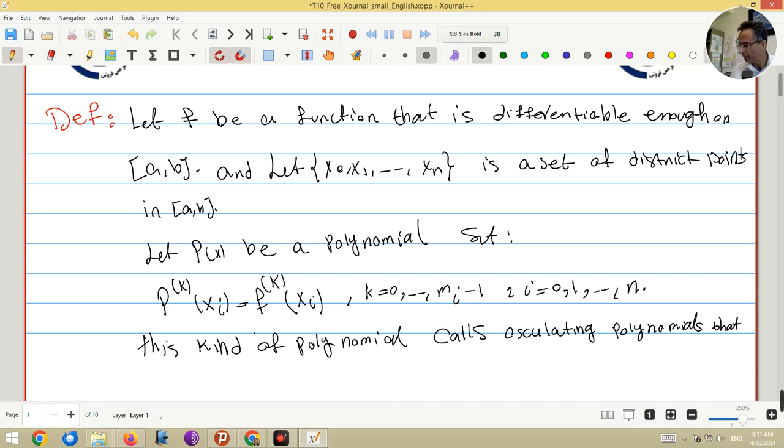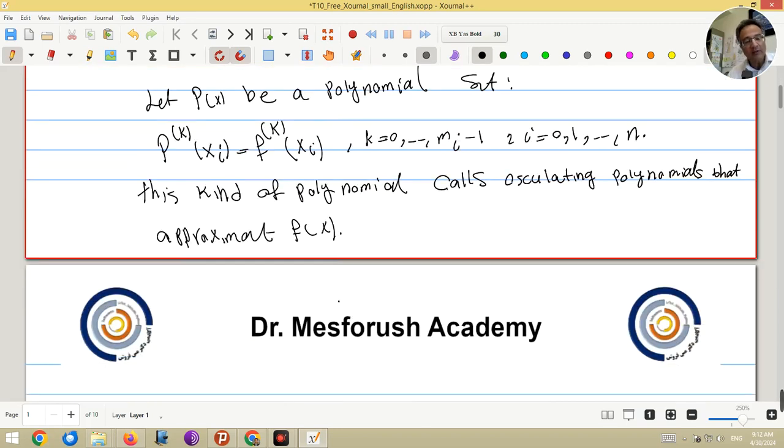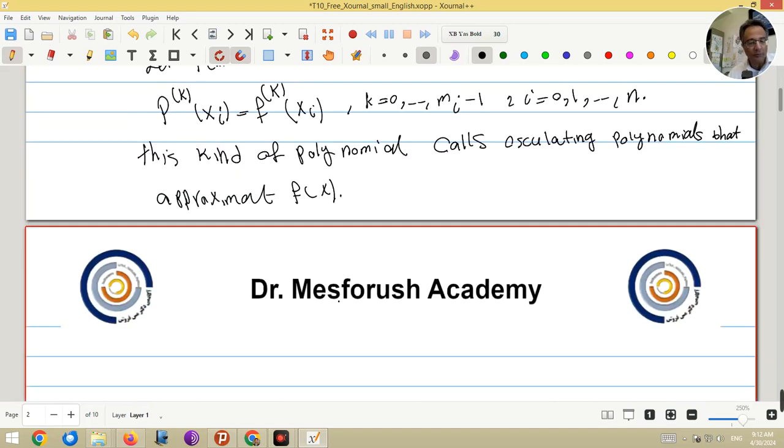that approximate f of x. Usually we consider mi equal to 2. In this special case, we call p of x a Hermite polynomial.